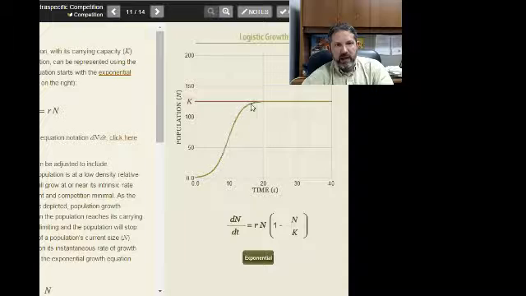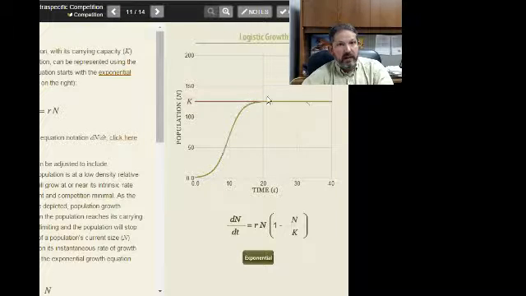Because when n reaches k, 1,000 divided by 1,000 is 1. 1 minus 1 is 0. Rn times 0 is 0. The change in the population over time is 0, and that's what we see. The population is not changing over time. Delta n over delta t, the change in the population over time, has hit 0.